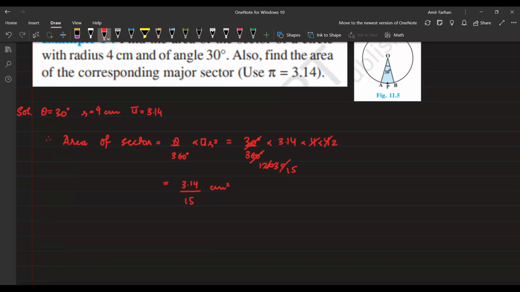So if I calculate this thing, just a second. I made a mistake.